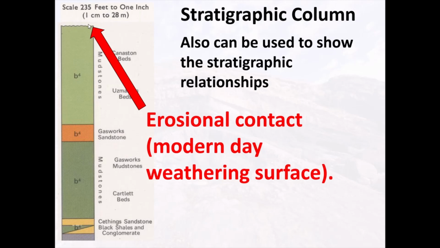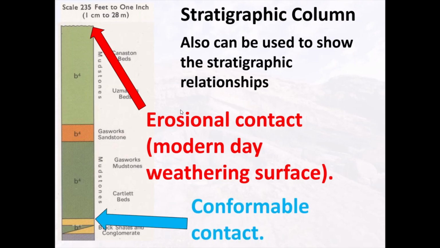It's where the rocks are being weathered and eroded today. If instead the contact between two rocks is just a simple, straight solid line, then that's telling you that the contact between them is conformable. There's no real gap in geological time between the deposition of the lower unit and the upper unit.